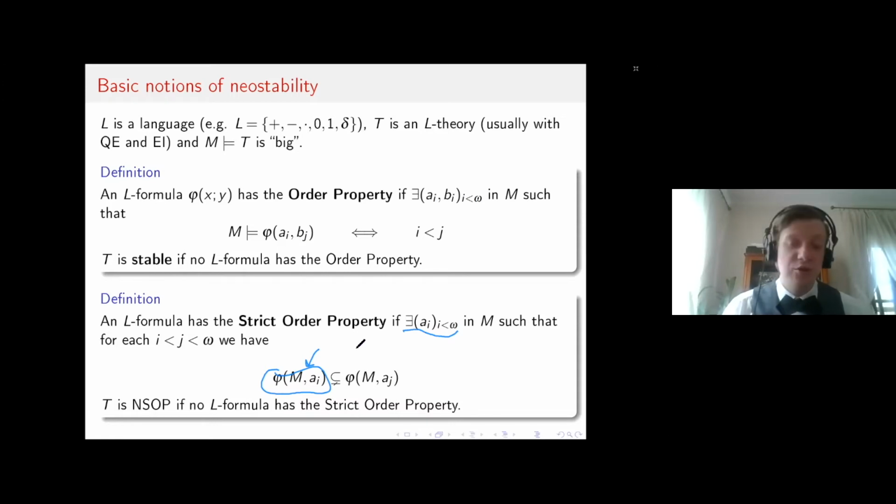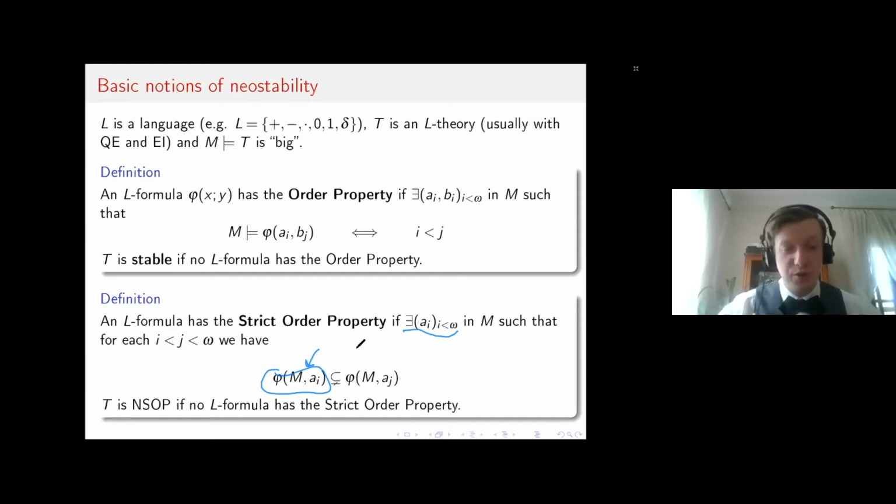So you have this formula phi and a sequence of parameters a_i. If you plug in these parameters, then the set defined by this formula gets bigger and bigger. In some sense it also defines an order, in a stronger sense.